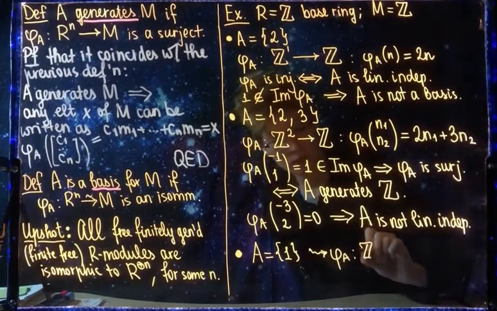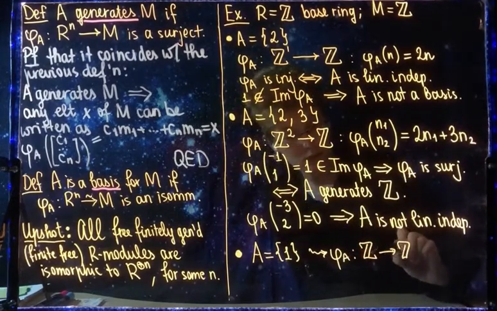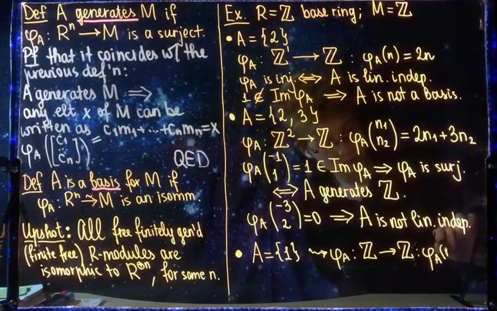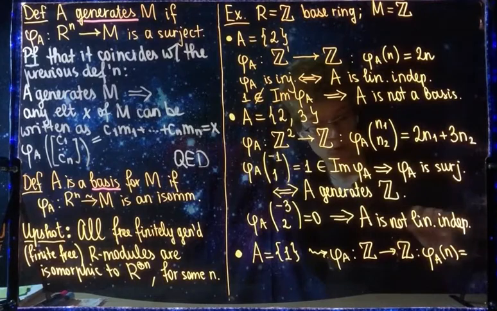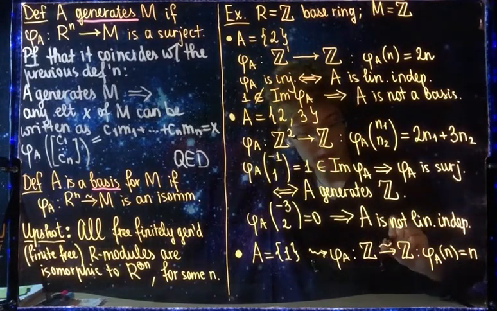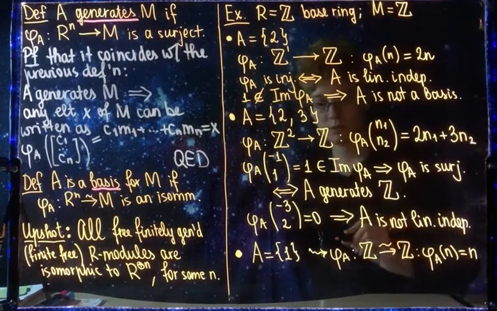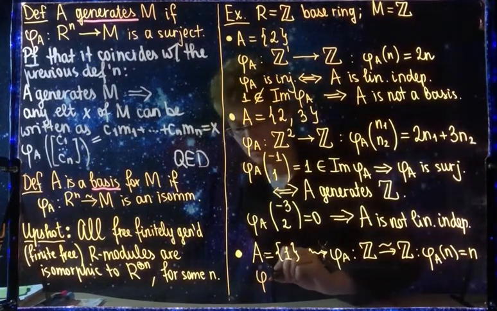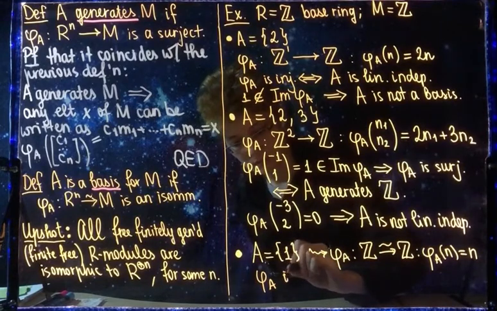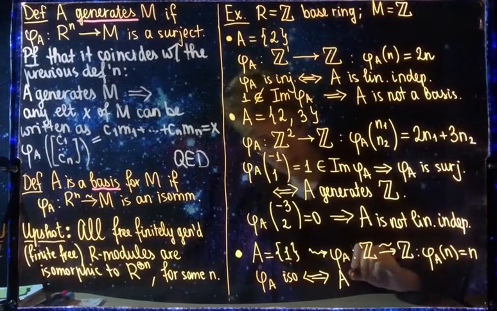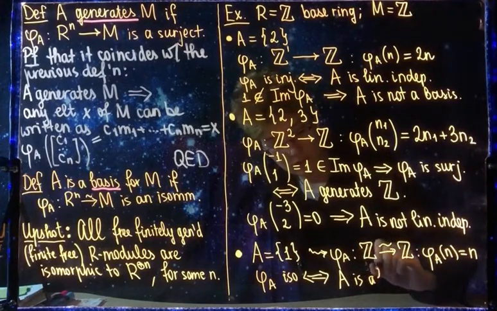Phi A goes from Z to Z, and phi A of n is equal to n times 1, which is n. And so phi A is an isomorphism, and it means that A is a basis.